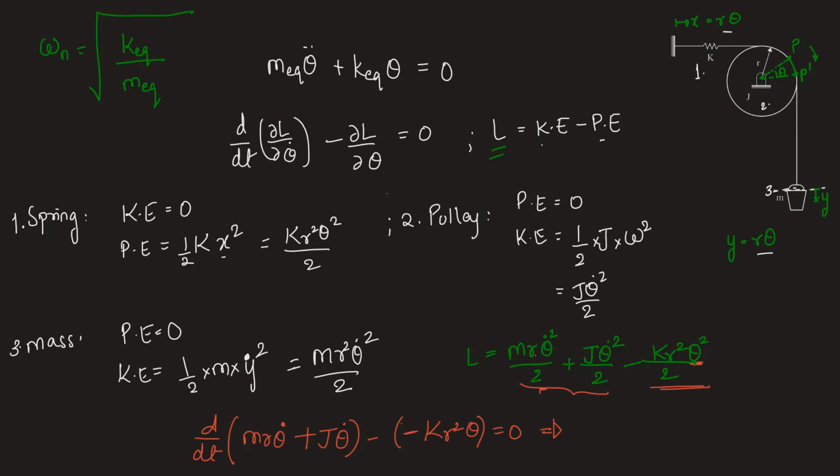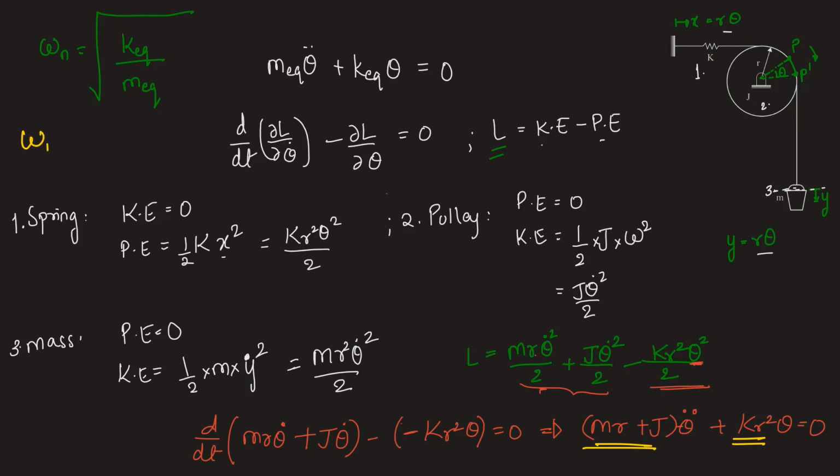So the final equation of motion can be written as m r square plus J. We have taken theta dot common and then taken the time derivative. So it will be theta double dot plus k r square theta equal to 0. We have the stiffness and mass equivalent terms here. So this is the mass equivalent term and this is the stiffness equivalent term.